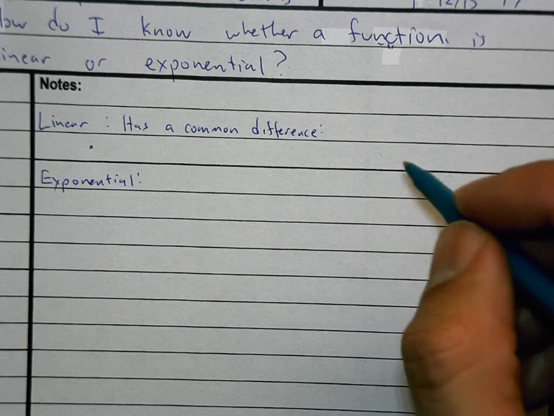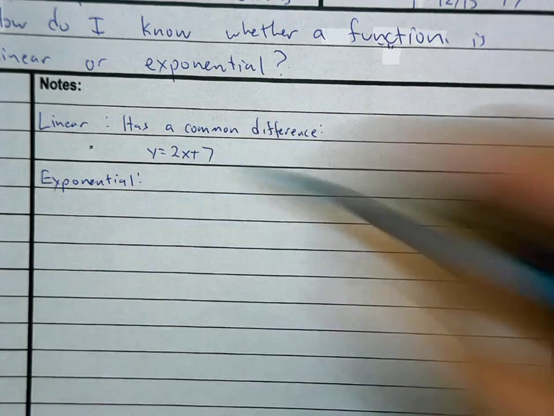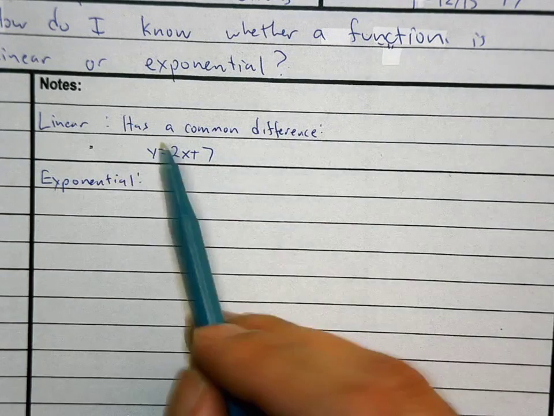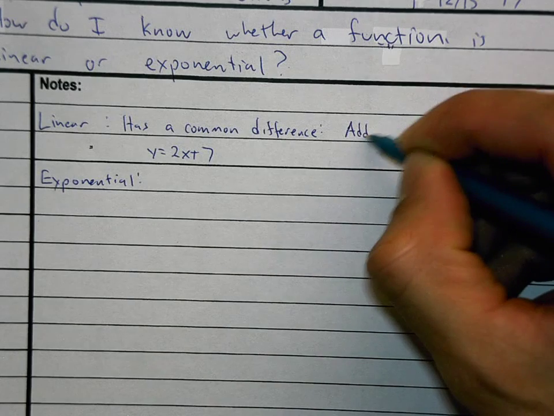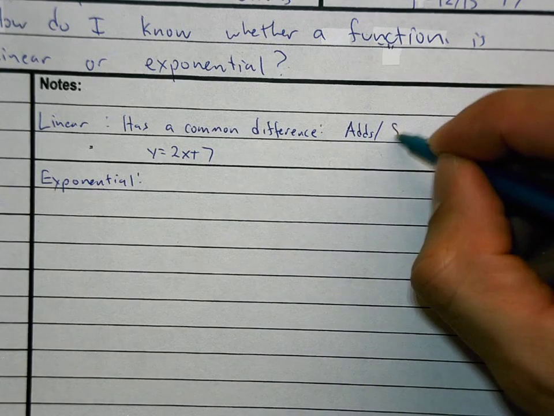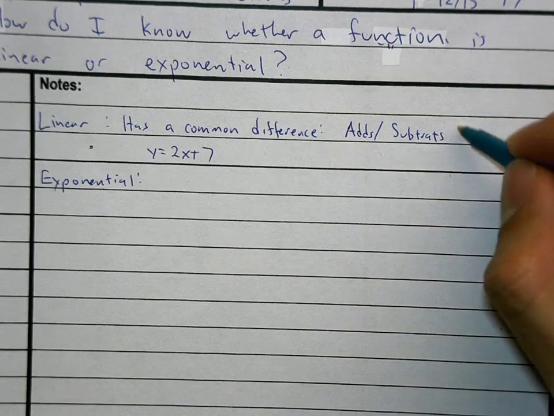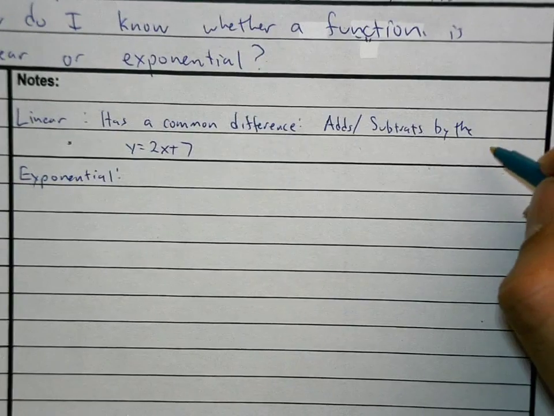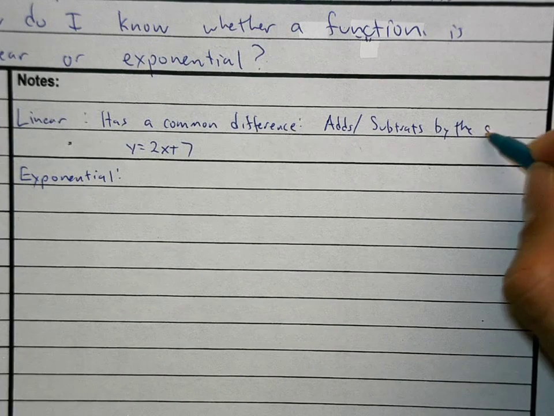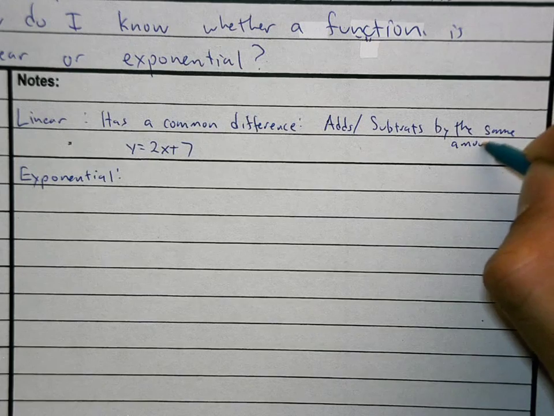Let me give you an example. Y equals 2x plus 7 changes by 2 every single time. It adds or subtracts by the same amount.